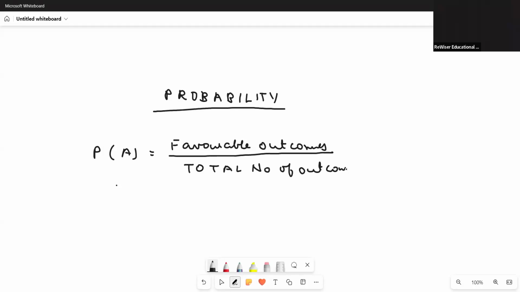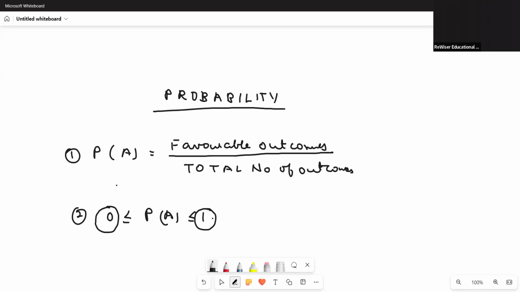Now, as you can see, the favorable outcomes is selected out of the total number of outcomes, right? So it's obvious that the favorable outcomes will be less than the total number of outcomes. So we say that the probability of any event A should be greater than or equal to 0, but less than or equal to 1. The probability of an impossible event will be 0, and the probability of a sure-shot event will be 1.